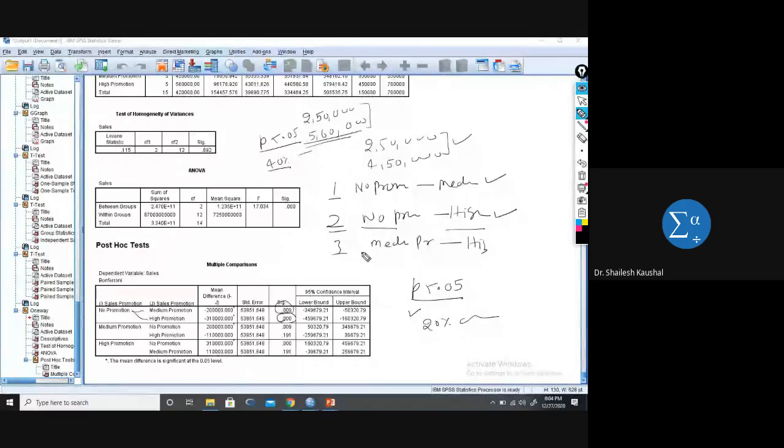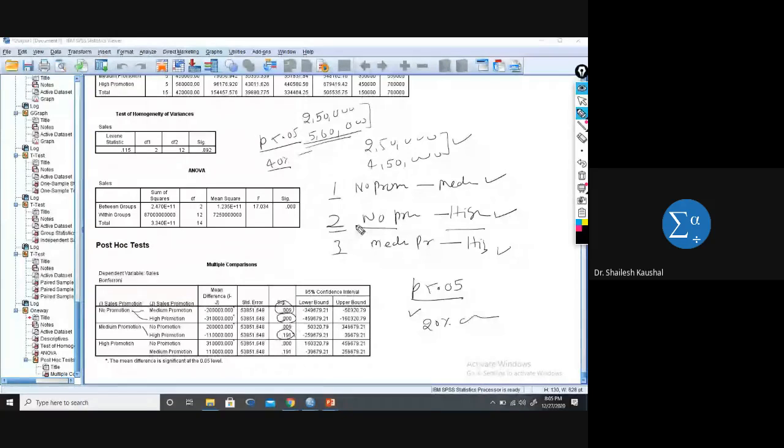And third is medium to high. If we give a 20% discount and it is significant, then if we give more than 20%, like 25%, 30%, naturally it will also increase the sale. So for medium promotion and high promotion, here we can see whether it is significant or not, but this additional 20% is not giving a significant impact.